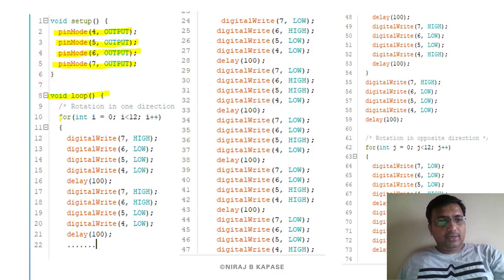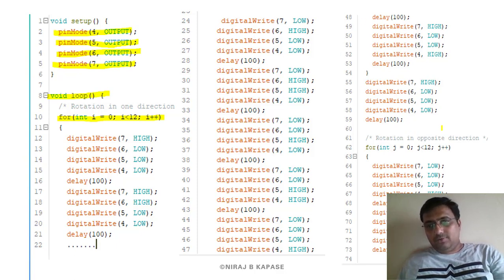Then void loop. So it rotates for i equals 0, i less than 12, i plus plus, and there are different combinations. So digitalWrite 7, high, low, low, low. So 1000, 1100, then 0100, 0110, 0010, 0011, 0001, 1001, 1000, and this is for forward rotation.